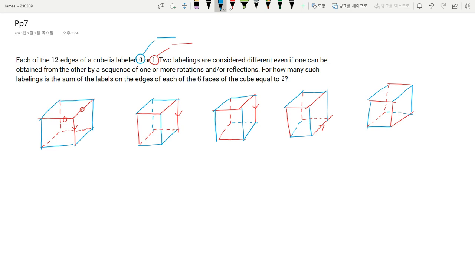And this is one case when two lines are parallel at the top face. And we can reflect this, how can I say? I'm starting with the right edge adjacent to the front edge at the top face. So we can think of the second case as the left edge adjacent to the front edge at the top face.